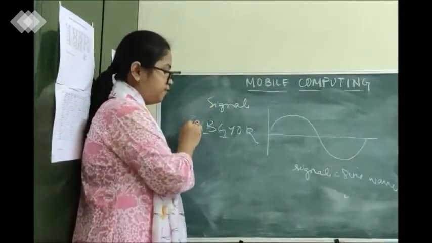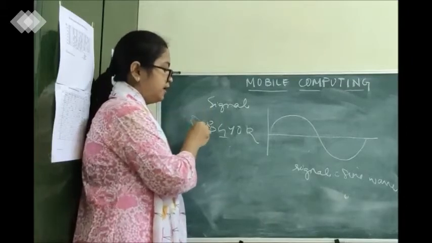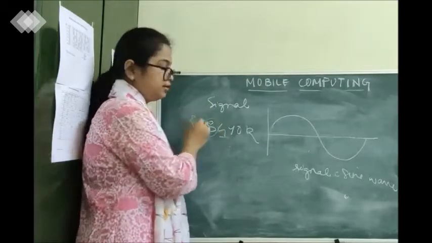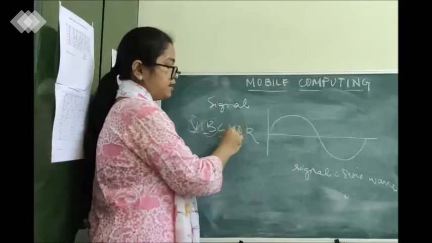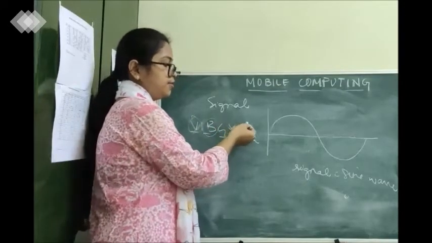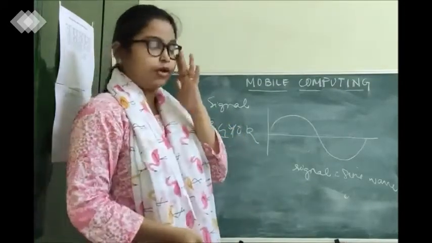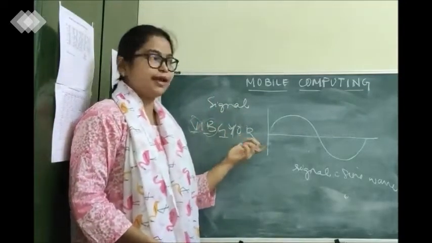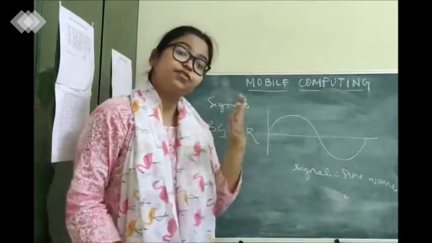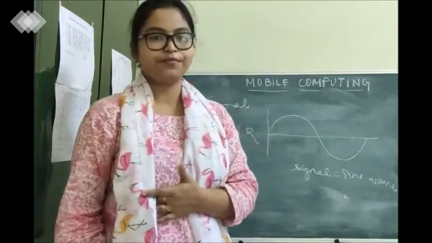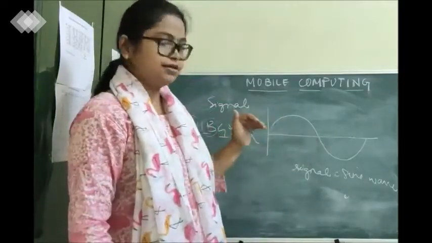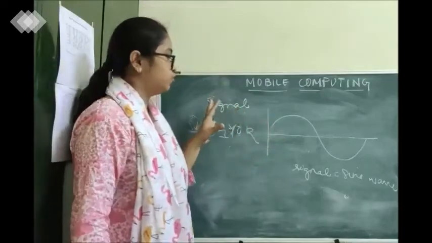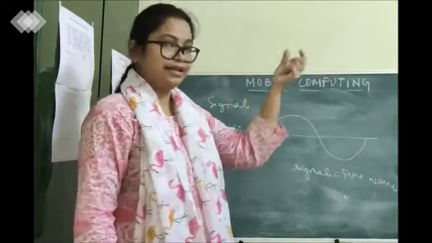Some rays have violet color, some have indigo, some have blue, some have green, some have yellow, and some have orange followed by red. Okay, and all these rays in the sunlight have various frequencies as well. Okay, so what frequency is we will understand, but all you need to know is that a signal is a sine wave.